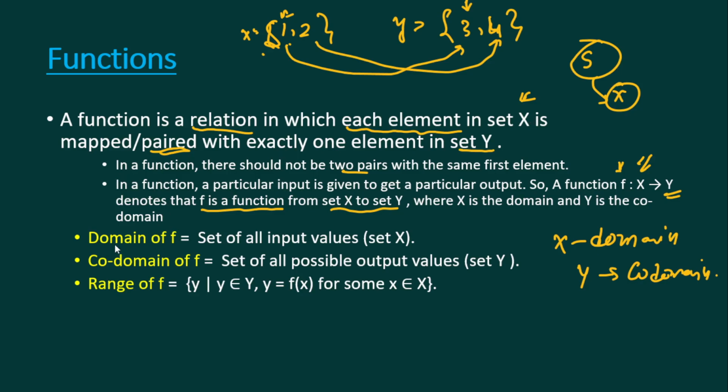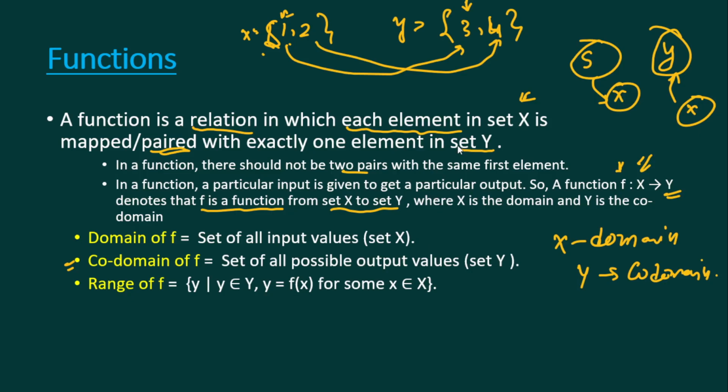Now, what is codomain? Codomain is the set of all possible output values, or we can say set y. These are all the values that are possible after putting in the domain x.